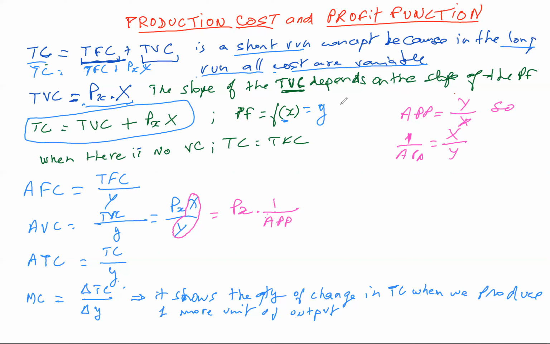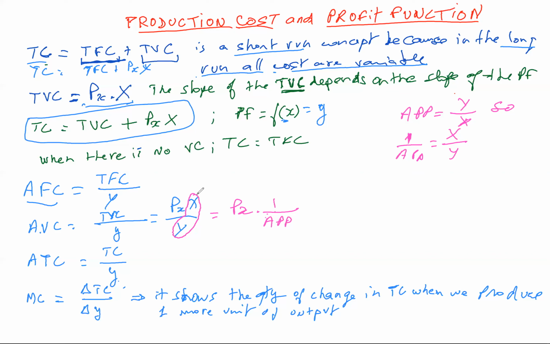So how do you compute those costs? The average fixed cost is, of course, the total fixed cost divided by y. Average variable cost is total variable cost divided by y. But we can also express it that way, px times x. And what we see here is the inverse of the average.